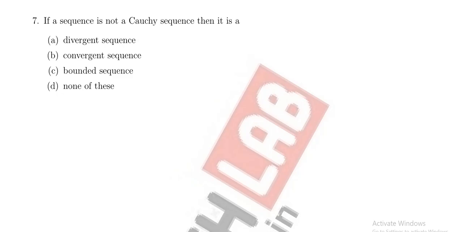Now question number 7. The sequence is not a Cauchy sequence. Okay, so a Cauchy sequence implies convergence, right? Therefore, if it's not Cauchy, it does not converge.